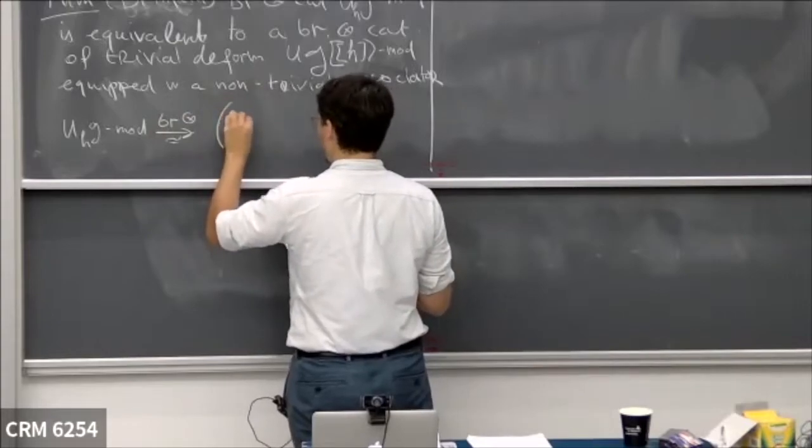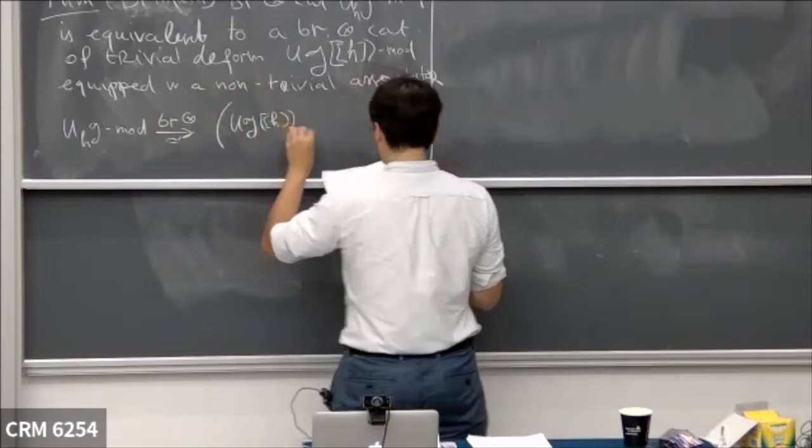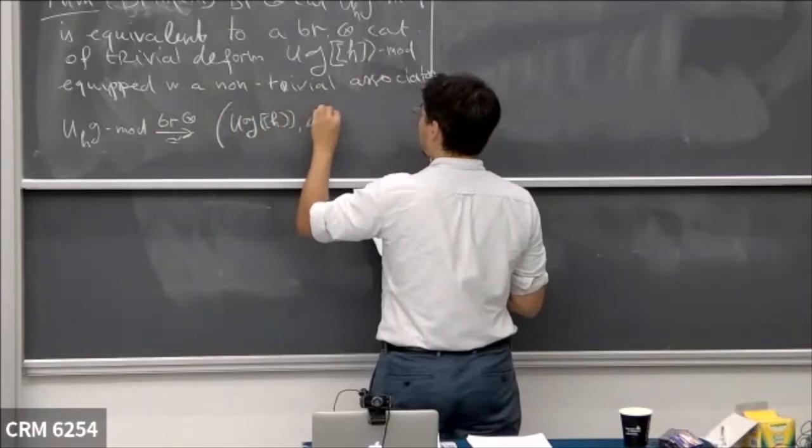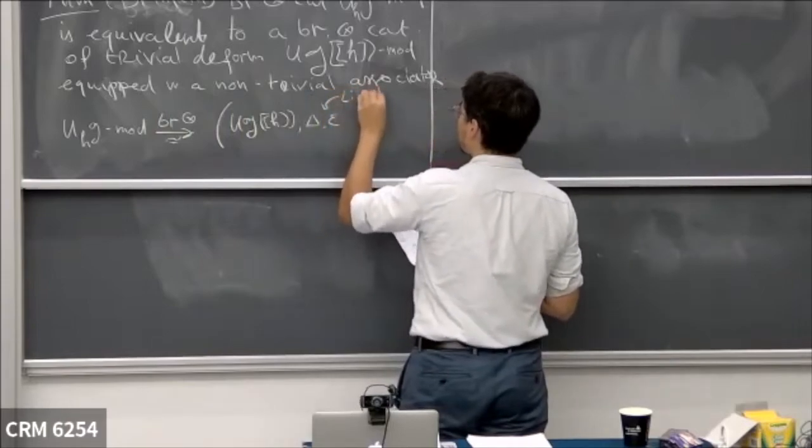So it's a quasi-Hopf algebra based on U g, with delta, epsilon the co-unit, and the standard Lie algebra coproduct.